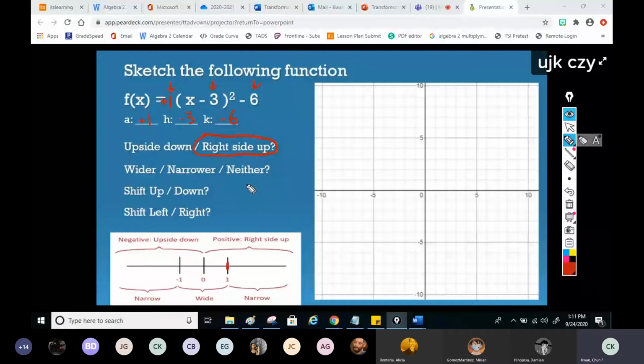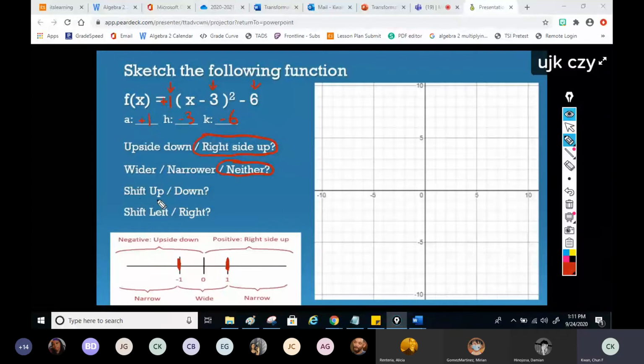So this one is a little tricky because +1 is exactly in between narrow and wide, okay? Greater than 1 is narrow, less than 1 is wide. If it is exactly at +1 or -1, the graph is not wide, it's not narrow, it's just average. It looks just like the parent function, so it's neither. So you don't have to make it look super skinny. You don't have to make it look super fat, just an average size.